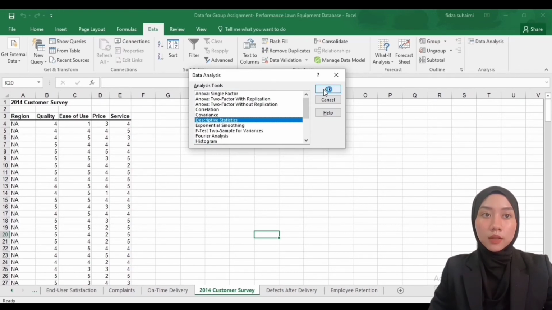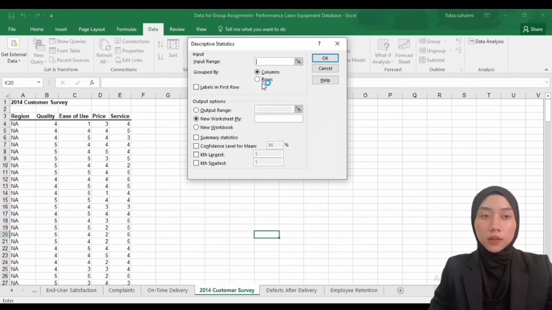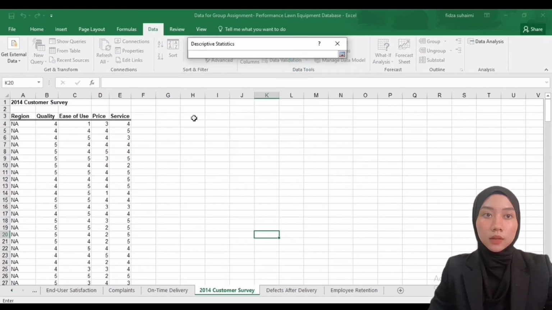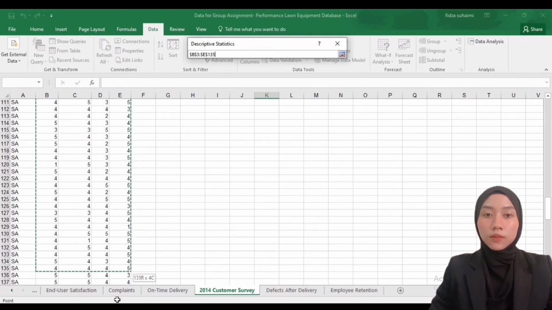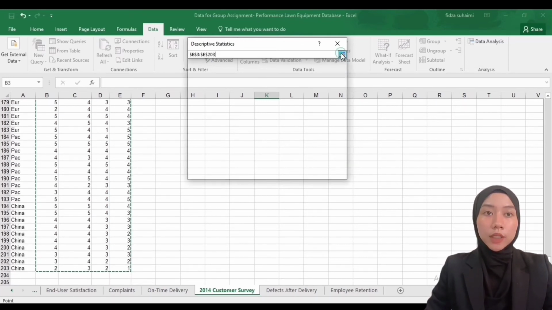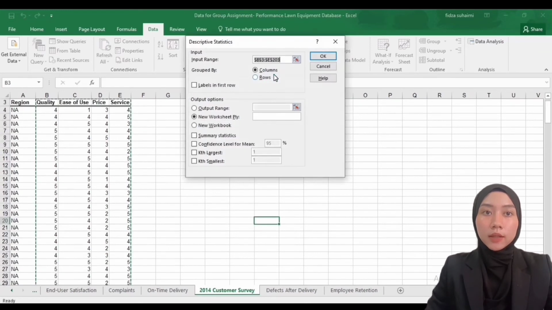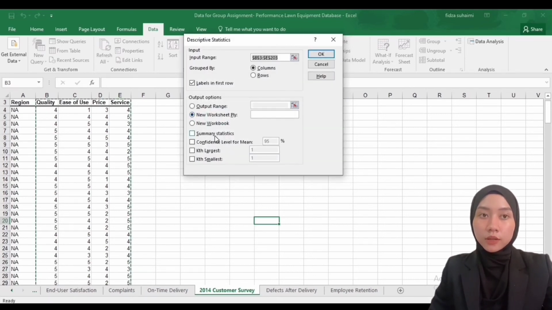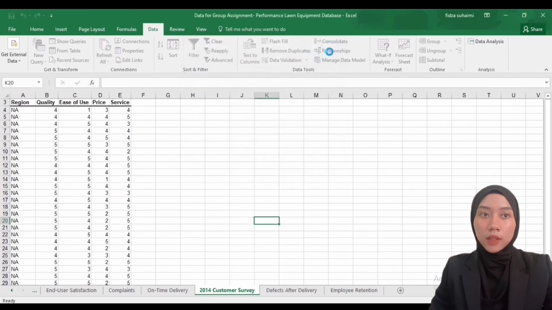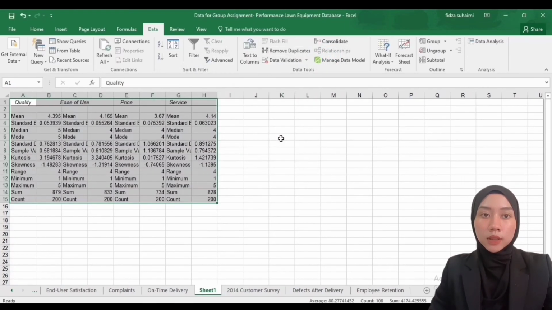Press OK and select all the data range, including the label. Then we click group by column and labels in first row. For the output option, we enter it to the new worksheet and then we click summary statistics. Then click OK. The answer will come out.